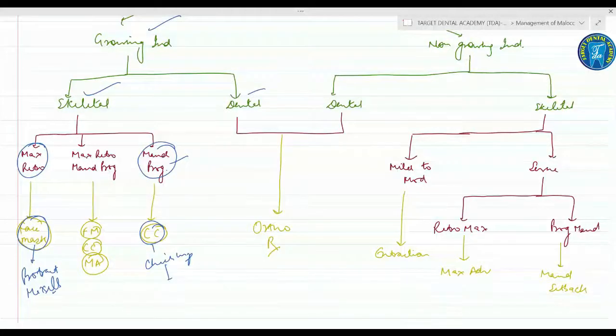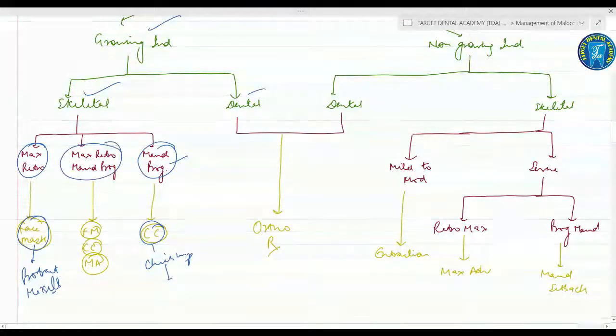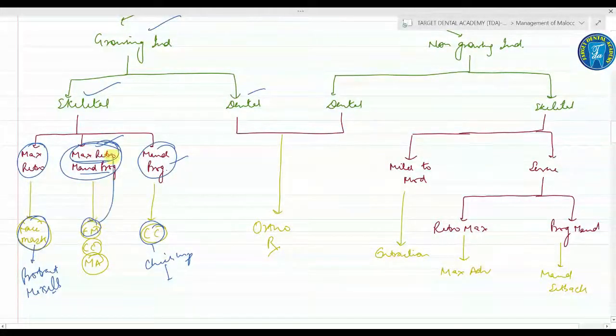Right? And in case a patient comes to you with the combination of maxillary retrognathism and mandibular prognathism, in that case you will go for your face mask for the maxillary retrognathism, your chin cup for the mandibular prognathism, and you will also go for the myofunctional appliances.